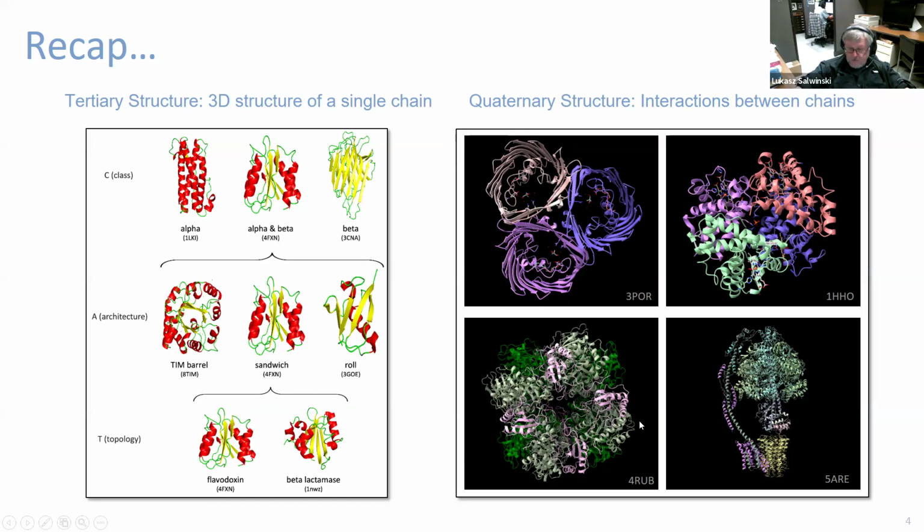And here are two more complicated cases, with two different protein chains forming an 8 to 8 complex, eight chains of one type and eight chains of the other. And here's an even more complicated, less regular pattern where we have many different chains forming a big complex together.